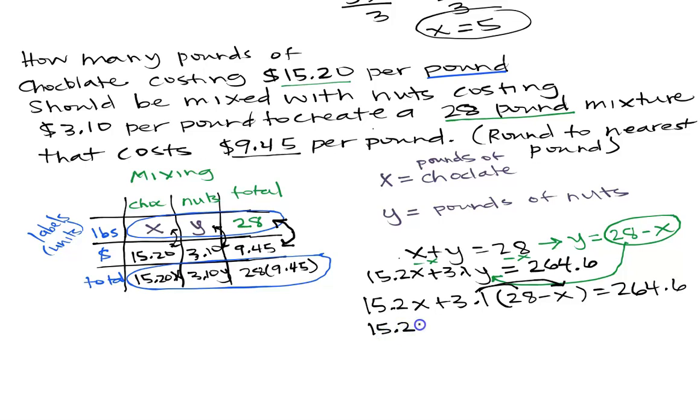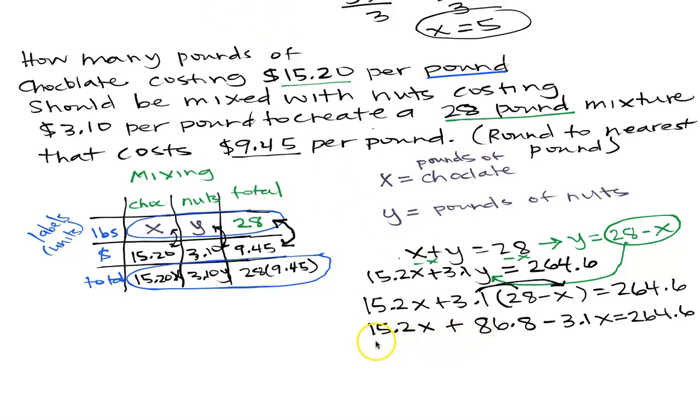So 15.2x plus, what's 3.1 times 28? It's 86.8. Okay, so 86.8. And then 3.1 times negative x is going to be minus 3.1x. And then still equals 264.6. All right, let's get like terms together.